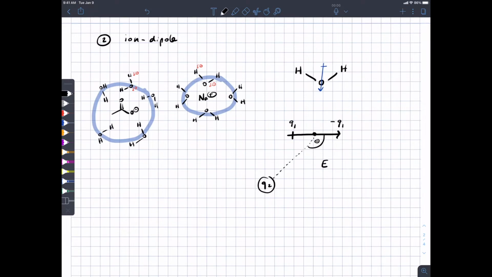How you can do this, I don't actually know, but theoretically, the strength of that interaction should be equal to mu, which is a new quantity which we don't care about, called the dipole moment, but it tells you how strong the dipole is. It equals the charge at one end times the length of the dipole. So you multiply that by charge 2, and then you have cosine of that angle. And then you have in the denominator 4 pi dielectric constant, permittivity of a vacuum, and now r squared.